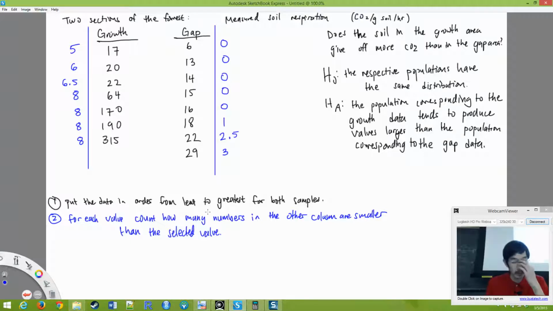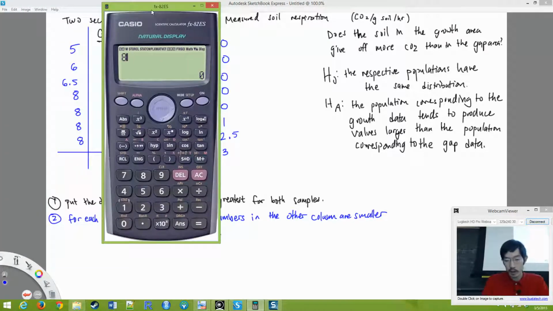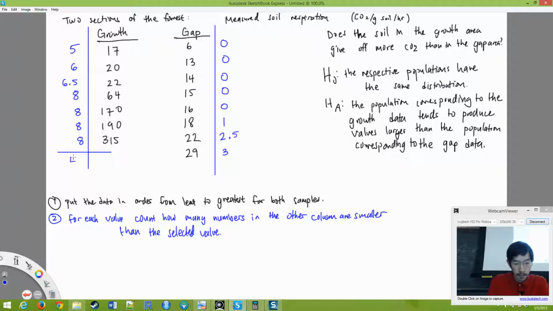Okay, so then the next step is we just add up all of these numbers. So I do 8 plus 8 plus 8 plus 8 plus 6.5 plus 6 plus 5. I don't know what all of that is. I get 49.5. And over here, I add these up and I get 6.5.